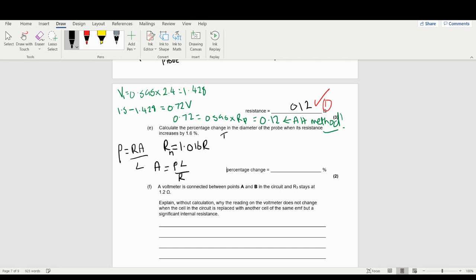I know that pi r squared equals rho L over R, and that's the old one. The new one is going to be pi r new squared equals rho L over the new R, which is 1.016 R.